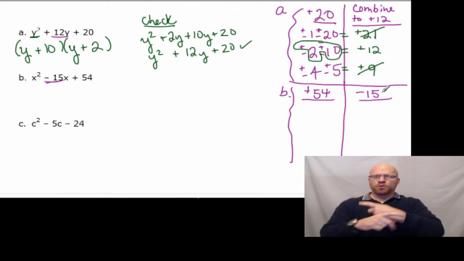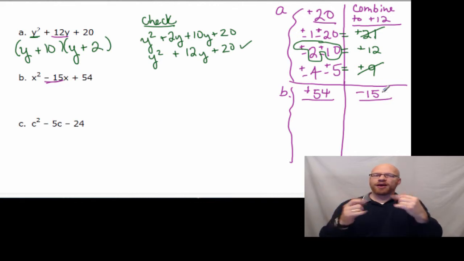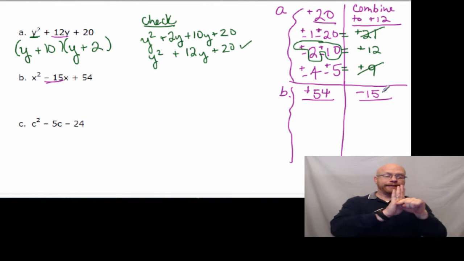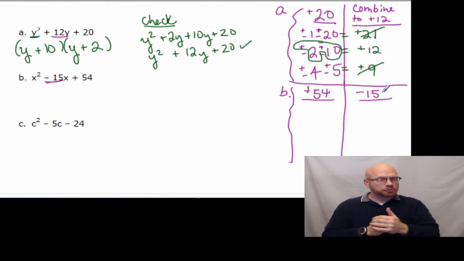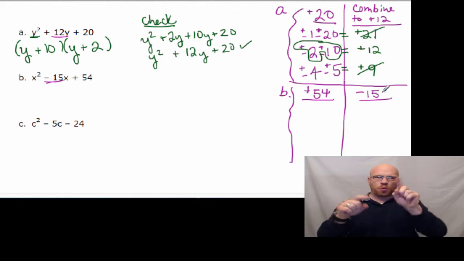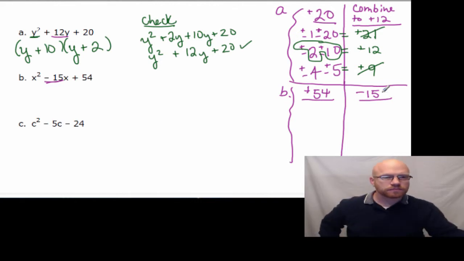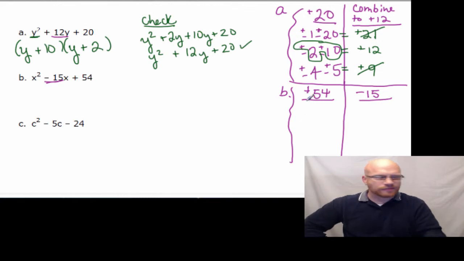Remember, with our positive 54, we can multiply positives or negatives. But if we look at our middle term, negative 15, the two numbers have to combine to become negative 15. Just like a minute ago where we got rid of the negative pairs, now we're getting rid of the positive pairs because we can't have two positive numbers that add together to a negative. I haven't seen any in my lifetime. So we're going to focus on our negative pairs for factors of 54.